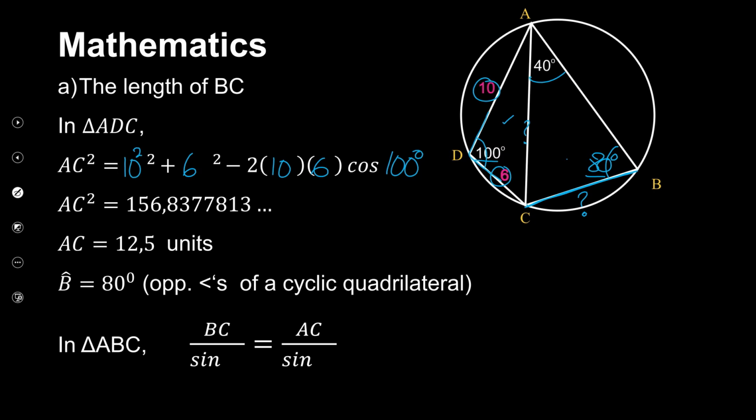Now remember we want to find BC and we're going to use the sine of the angle across it, so sine of 40. And then because we have AC, which we found earlier, we're going to say AC over the sine of the angle across it. And what did we say was the angle across from C? It was 80 degrees.